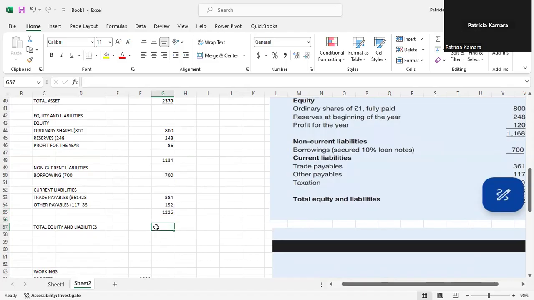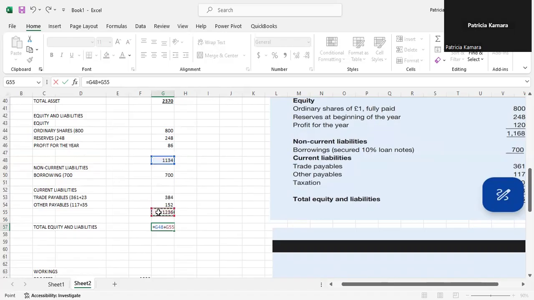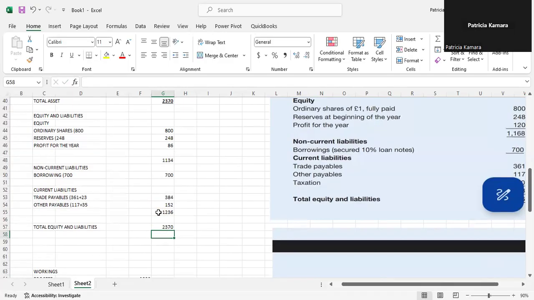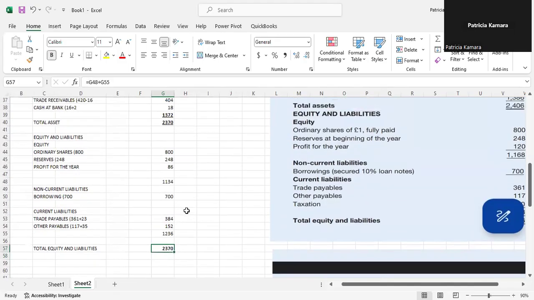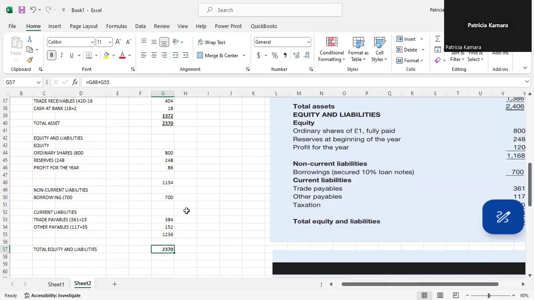So the total equity and liability figure now becomes the 1,134 plus the 1,236, giving us 2,370. So let's see if we have balanced our accounts. Yes, our account has been balanced.